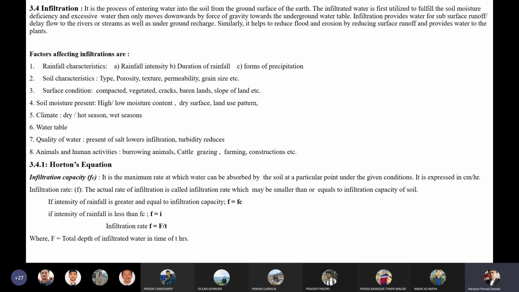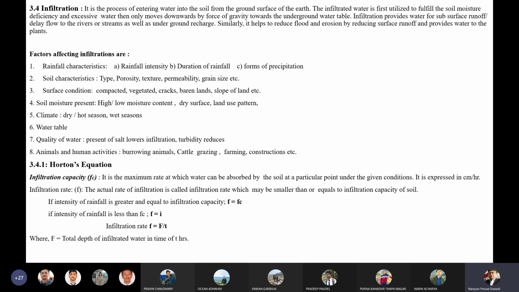The actual rate of infiltration is called the infiltration rate, which may be smaller than or equal to the infiltration capacity of the soil. The infiltration capacity of the soil may be higher, but the infiltration rate may be low, because when the soil already has some moisture content, it does not absorb water at its infiltration capacity rate, but adjusts to a slower rate than dry soil.